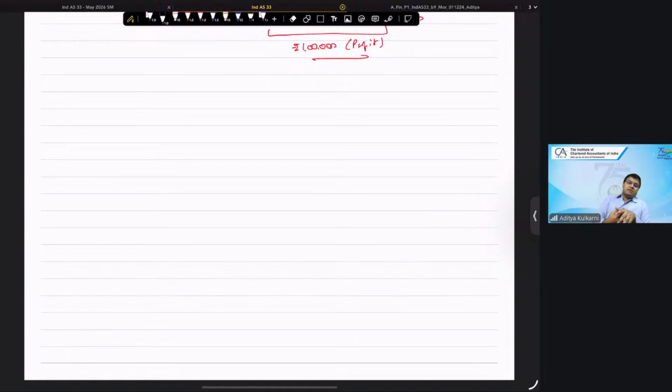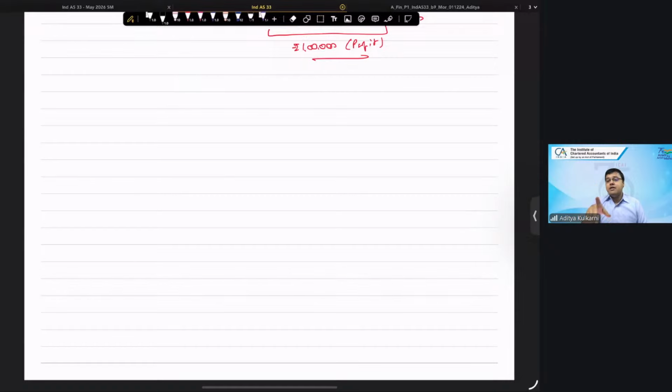Diluted EPS takes the same earnings that we have earned, does the adjustments relating to those instruments which have a potential to be converted into equity in the future. So based on those assumptions or calculations, we arrive at a figure which is known as diluted EPS.